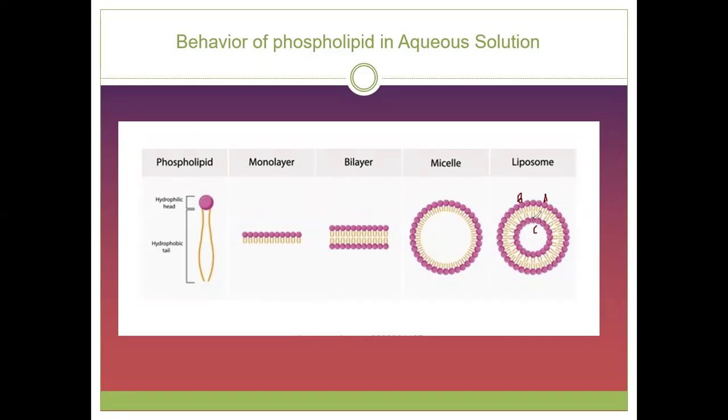So in a situation where a cell is dead, in the case of red blood cells, the phosphatidylserine that initially forms the composition of the inner membrane will now move to the outer membrane. Seeing phosphatidylserine in the outer membrane or monolayer shows that this cell is dead.